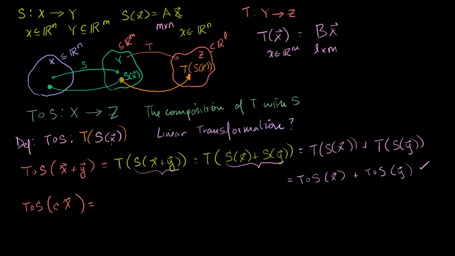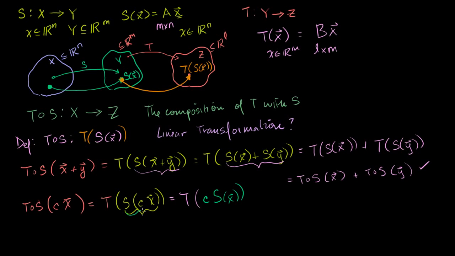Well, by our definition of the composition, this is equal to the transformation t applied to the transformation s applied to c times our vector x. And what is this equal to? We know that s is a linear transformation, so this can be rewritten as t applied to c times s applied to x.